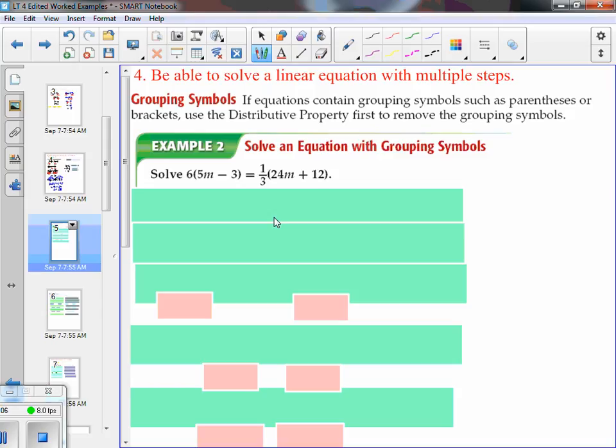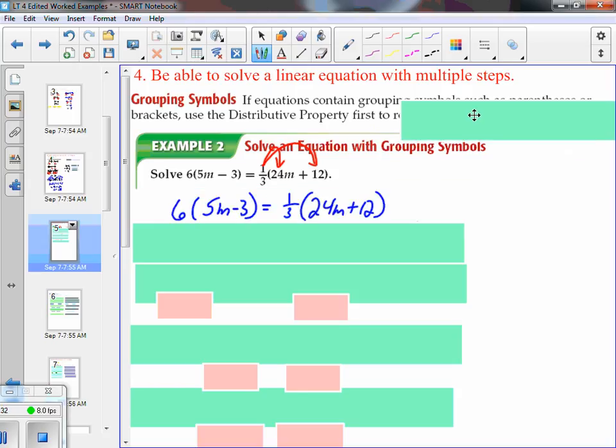But watch. If I distribute 1/3 times 24, I get 8, a whole number. And if I distribute 1/3 times 12, I get 4, a whole number. So if I'm patient, the fraction goes away when I do the distributive property. Notice that, and you save yourself some work.